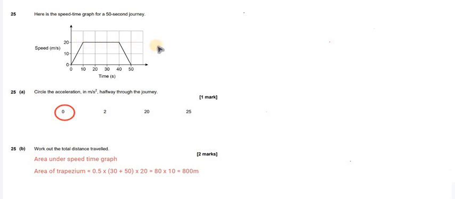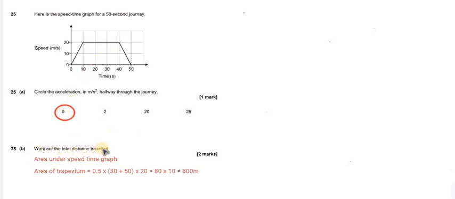Acceleration is a change in speed or velocity with time. If there is no change, then acceleration is 0. Also, acceleration can be found by the gradient of a speed-time graph. At the midpoint of the journey, the graph is a flat line, which means the gradient is 0. So acceleration is 0.